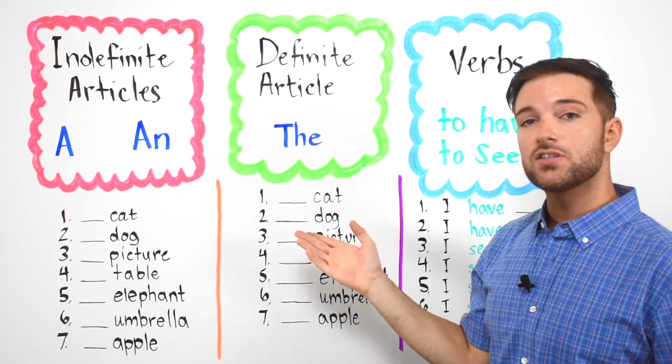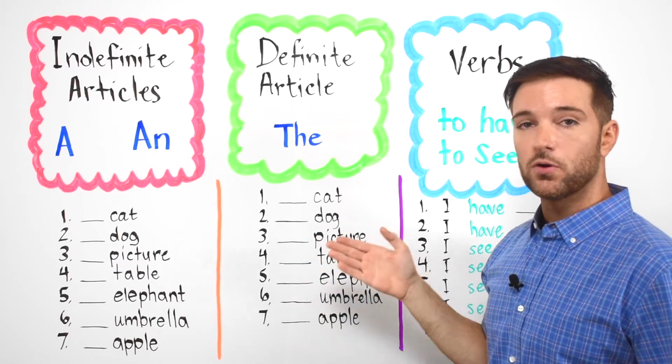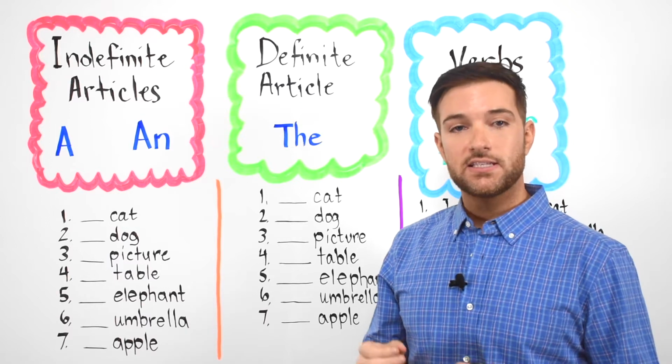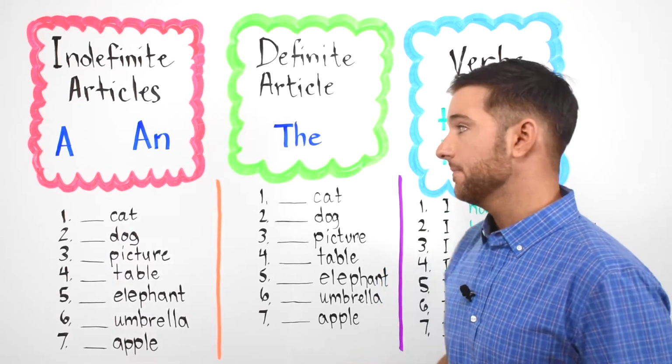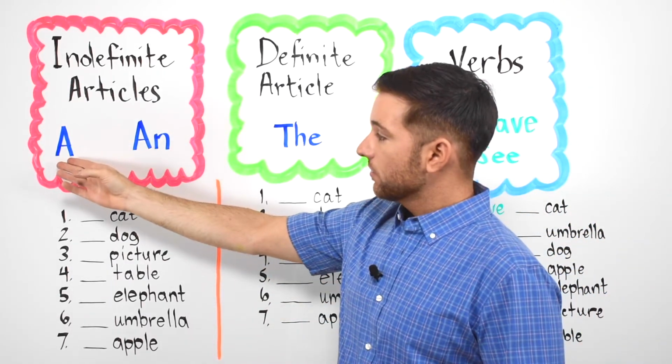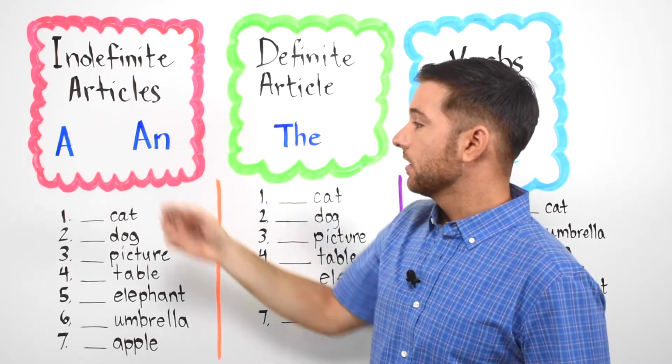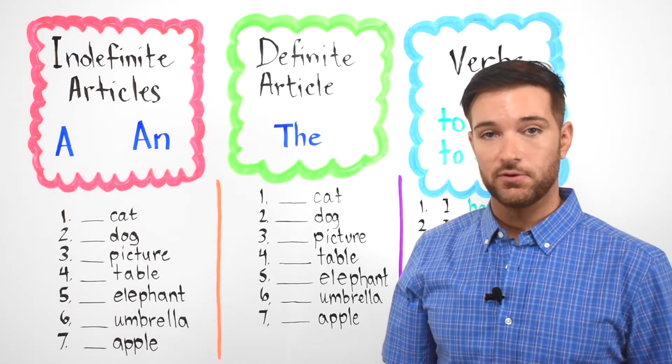Okay, these articles come before nouns. Again, these articles are placed before nouns. All right. With this article, the article a comes before a non-vowel.